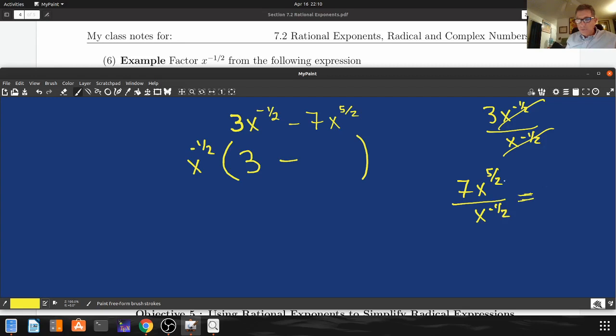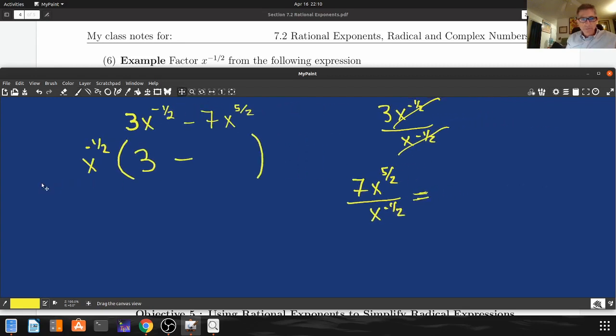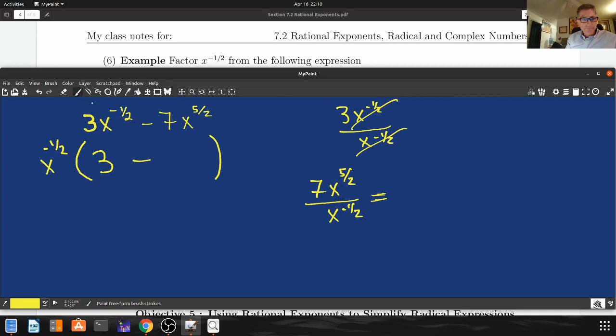So that's equal to 7x to the 5/2. Now I'm going to bring x to the minus 1/2 across the division line up. So it's going to become x to the 1/2. So that becomes 7x 5/2 times x to the 1/2.